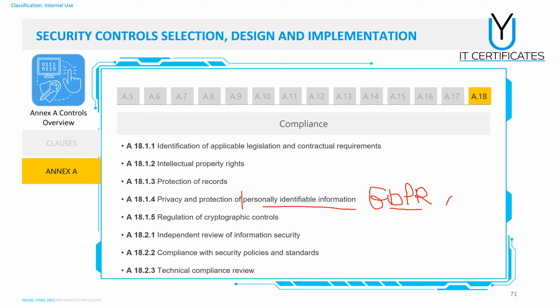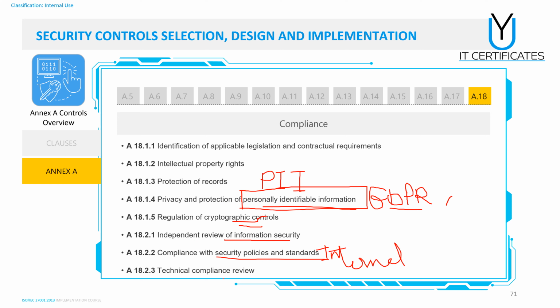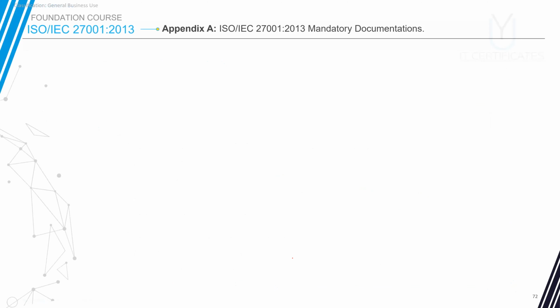You even have PII protection in some other countries. Regulation of cryptographic controls, we discussed this before. Independent review of information security. Compliance with security policies and standards, which, as we mentioned, is internal inside the organization. Technical compliance review, again for the internal network or internal organization.